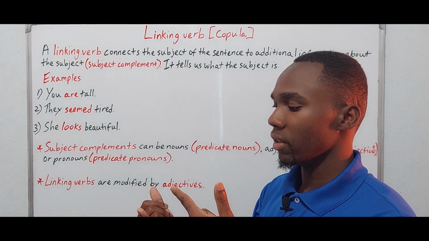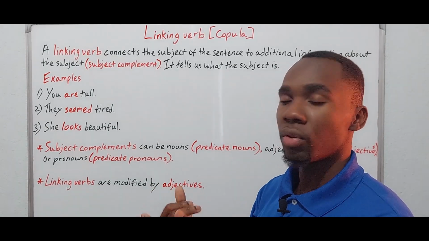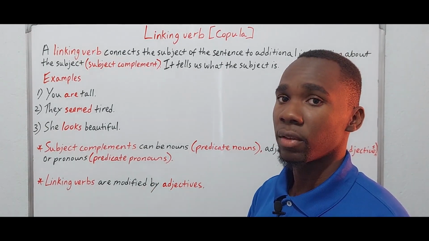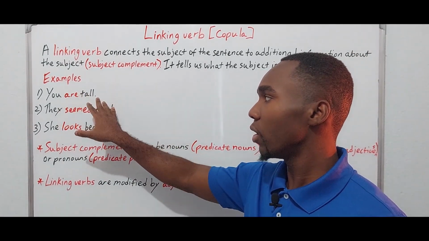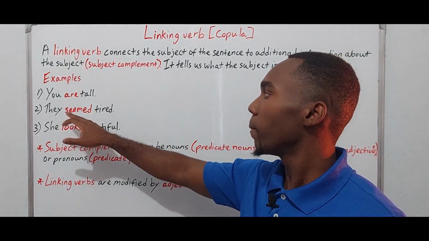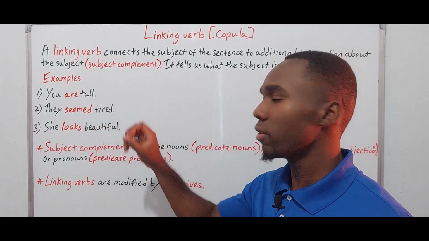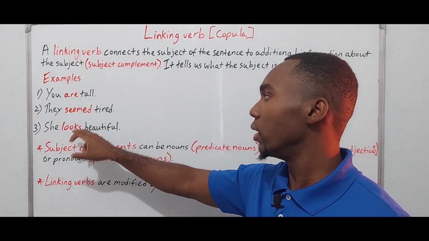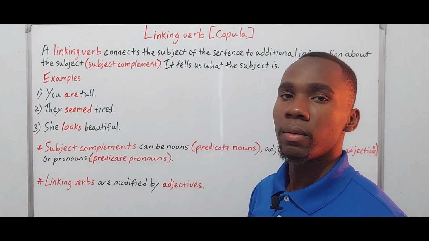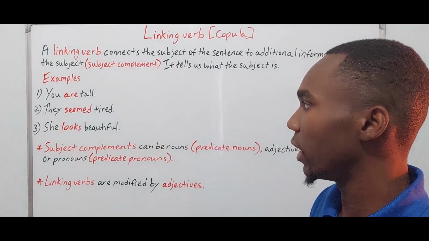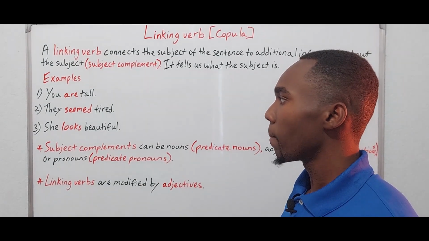So it should be either a noun, a pronoun, or an adjective. So you equals tall. They equals tired. She looks beautiful, so she equals beautiful. So all of these are linking verbs, of course.